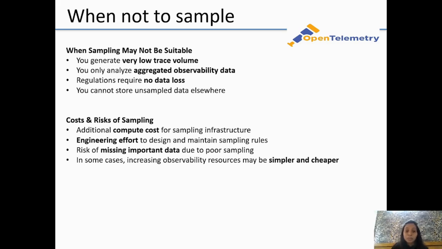Sampling comes with trade-offs: additional compute cost for sampling logic, engineering effort to design and maintain the rules, and the risk of missing important traces if sampling rules are poor. In some cases, simply increasing observability resources might be easier and cheaper than implementing complex sampling. In that situation, we should avoid sampling.